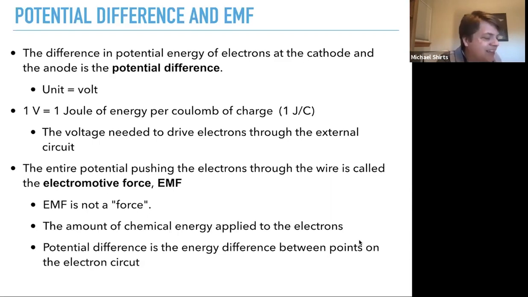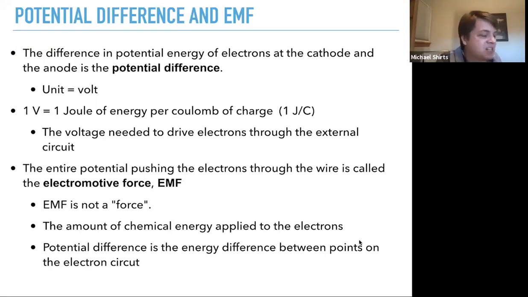So the potential difference again is the energy difference between any 2 points on the electronic circuit. The EMF is the total amount of other energy that is being converted into electrical energy for the entire cell. So you can talk about the electromotive force for the cell, and then you can talk about the potential difference at any 2 points on the circuit. Again, really a horrible name because it's not a force in the sense that the gravitational force is the derivative of the potential energy.